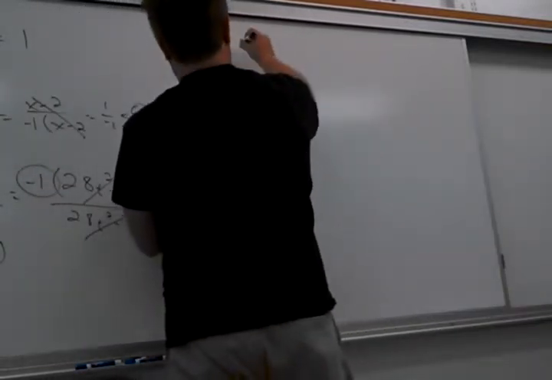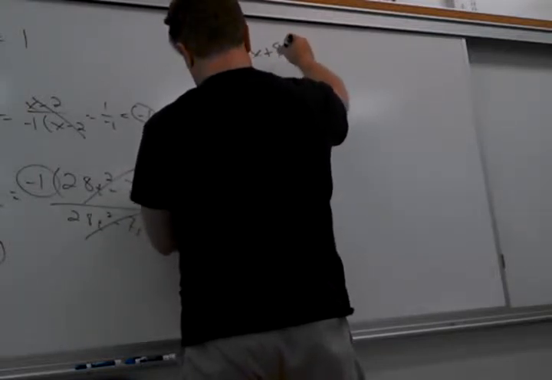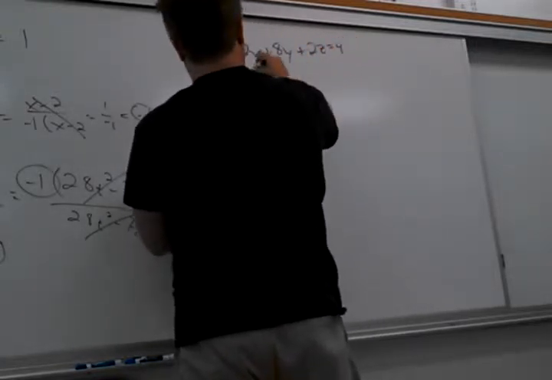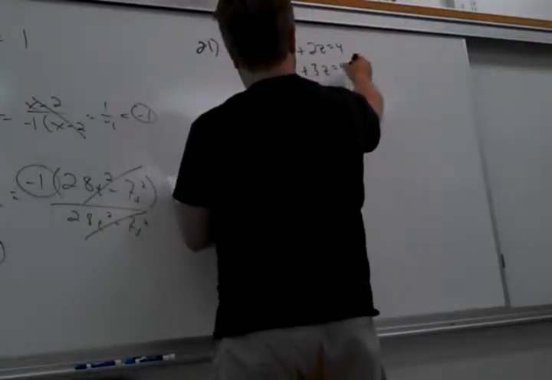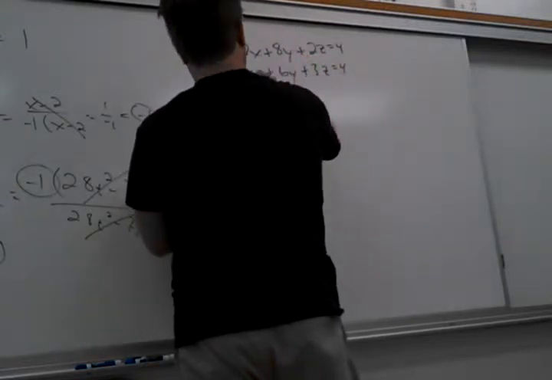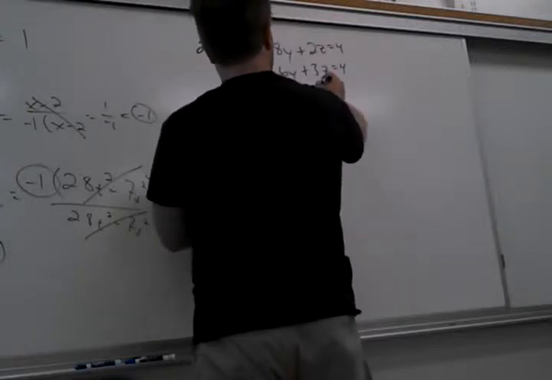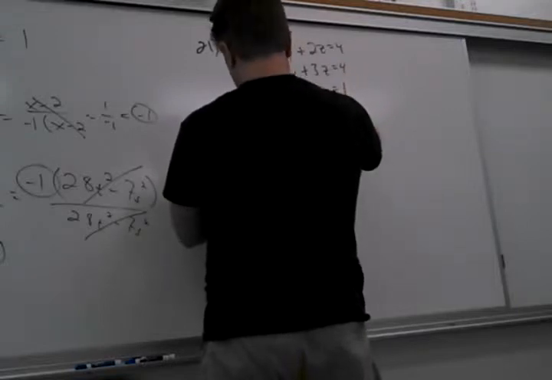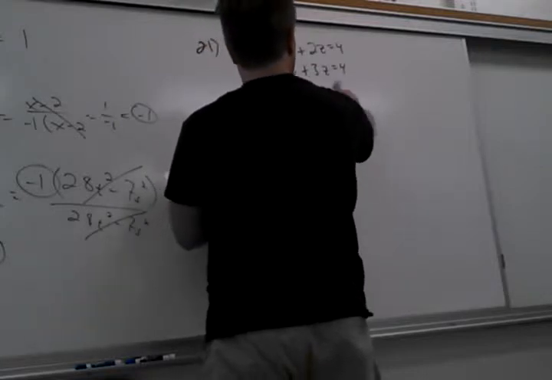I just wanted to see how you worked that out. Looking at 21: x minus 2y plus z equals 0.